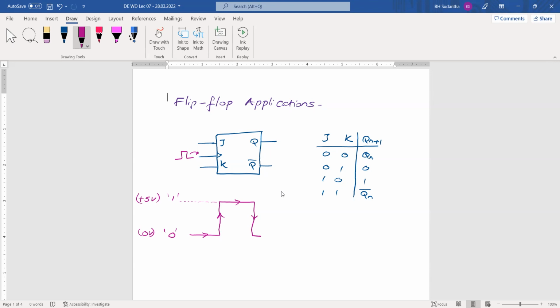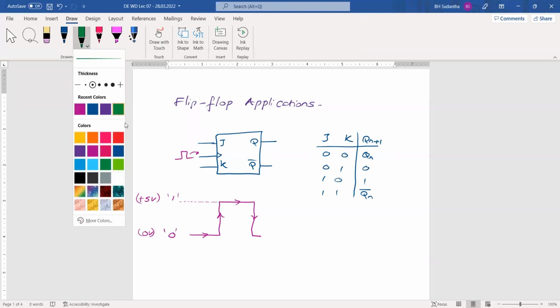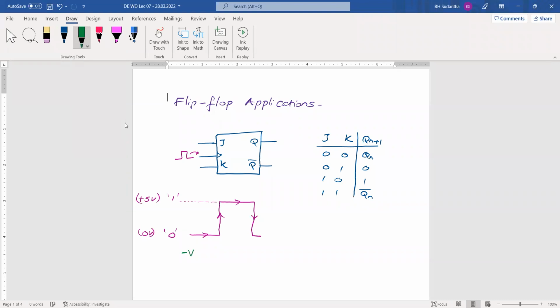Anyway, if I ask a question, now you can see here in this clock pulse we have clearly 4 different parts. I can name them. This one, we say this is the negative level.